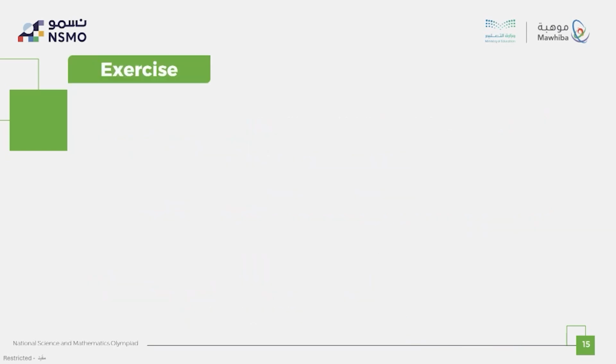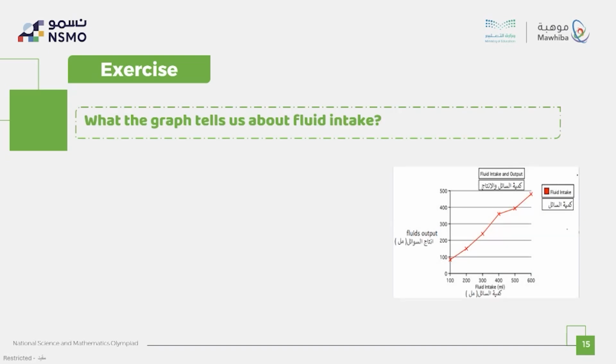This question measures your ability to interpret a scientific graph and connect data with real biological functions. This is really, really important because it's the key in science and Olympiad thinking. This is a really good example of Olympiad questions. So let's analyze the graph first.